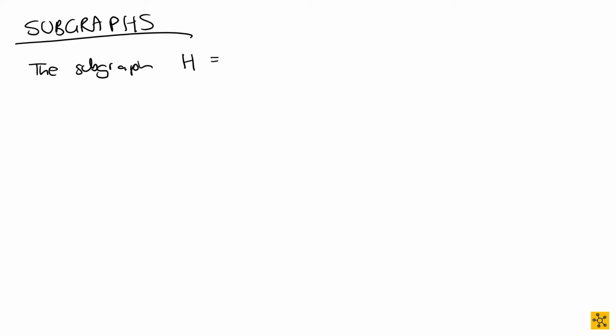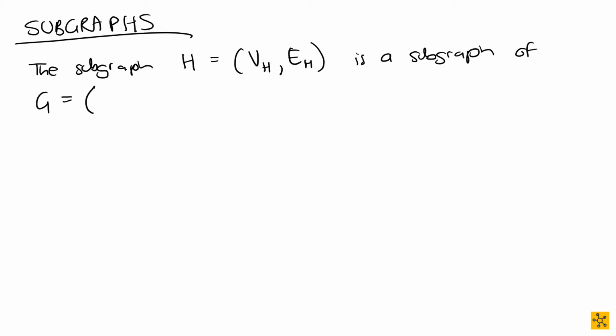Again, H is just an arbitrary placeholder, and it consists of your vertex set VH and your edge set EH, is a subgraph of the main graph G, where G is described by the vertex set of G and the edge set of G, if, and now we're going to have conditions.